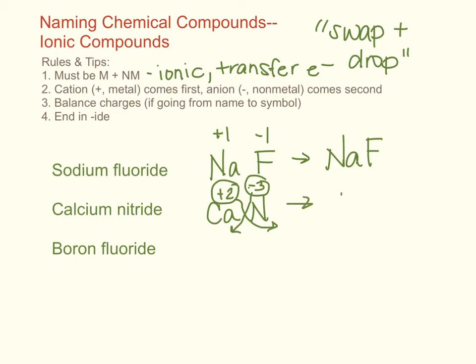So my 3 has been swapped and dropped to my calcium, and my 2 has been swapped and dropped to my nitrogen. To double check that it works, remember my calciums each have a +2 charge, my nitrogens each have a -3 charge.